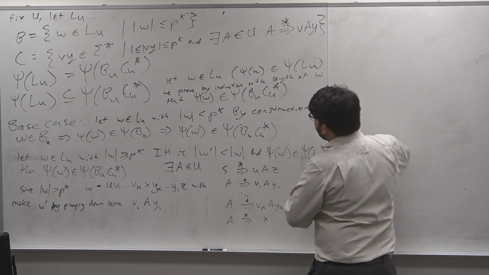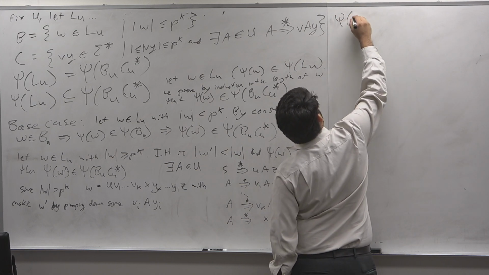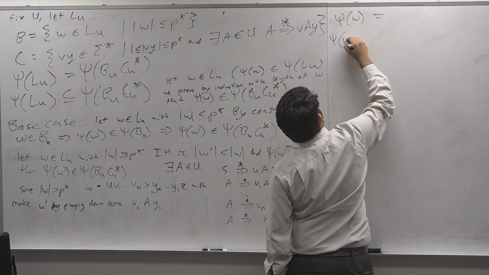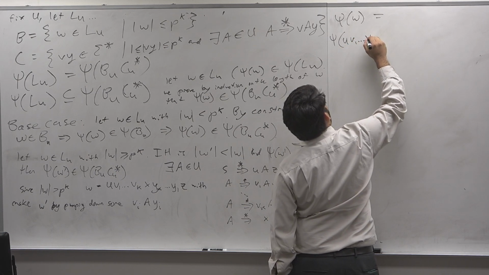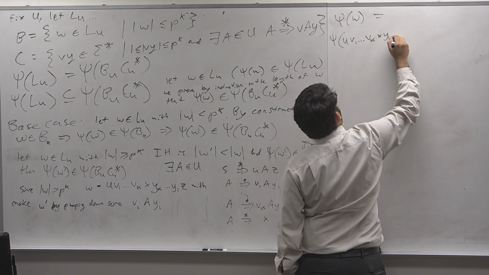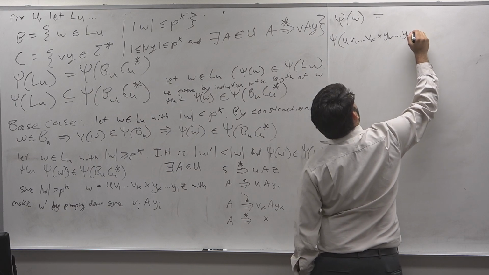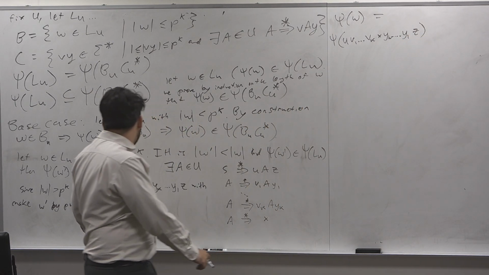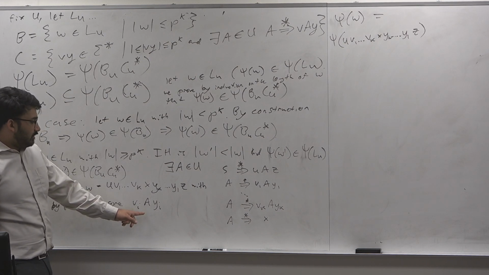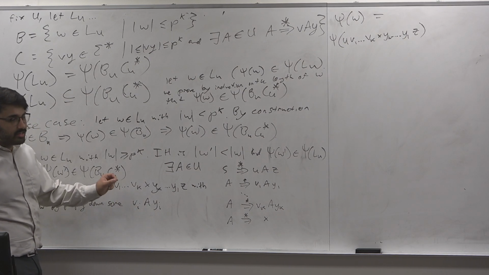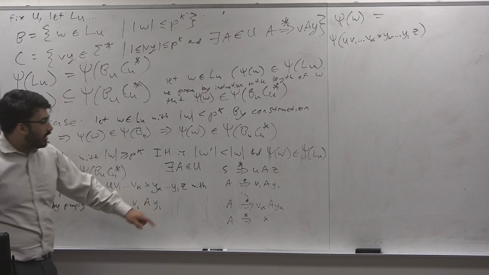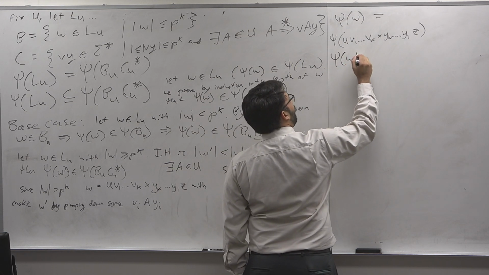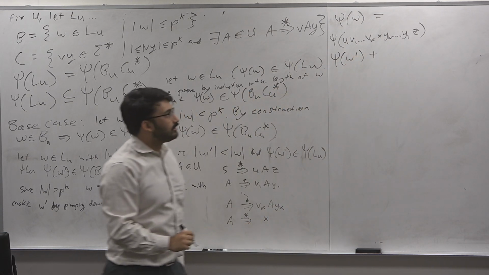Then we can say the frequency of W is equal to the frequency of U V1 X VK X YK Y1 Z. But we know that if we forgot to pump down some VY, if we create W prime by pumping down some VI YI, then this is equal to the frequency of W prime plus what?